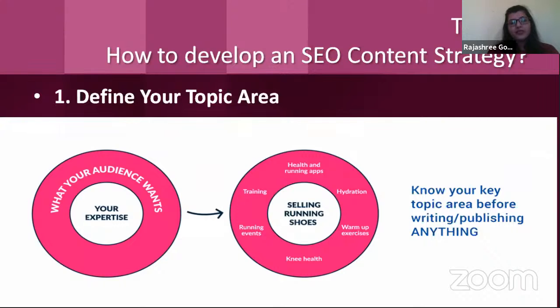This is our mitochondria, and the peripheral things are topics we should think about too, like health and running apps, hydration, warm up exercise, knee health, running events, and training. When we think about all this together, we will be able to proceed to keyword research, which can lead us to the creation of good SEO content.